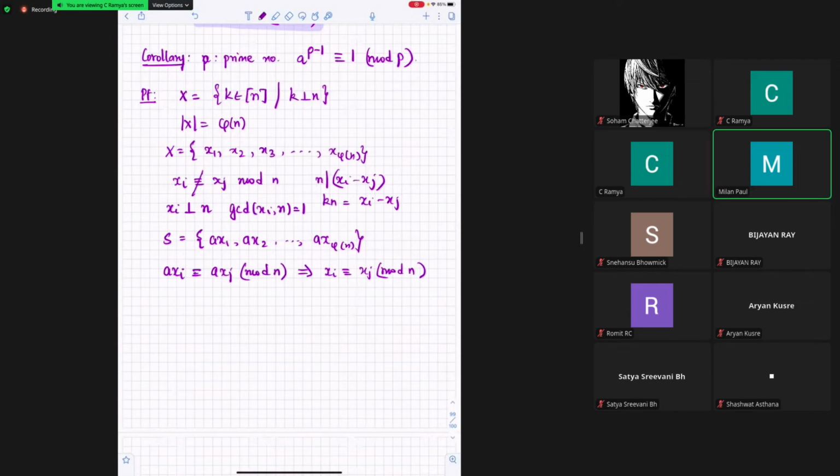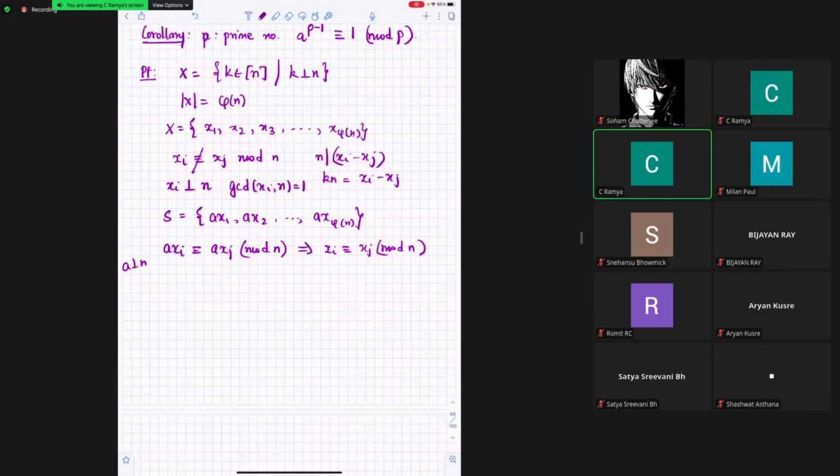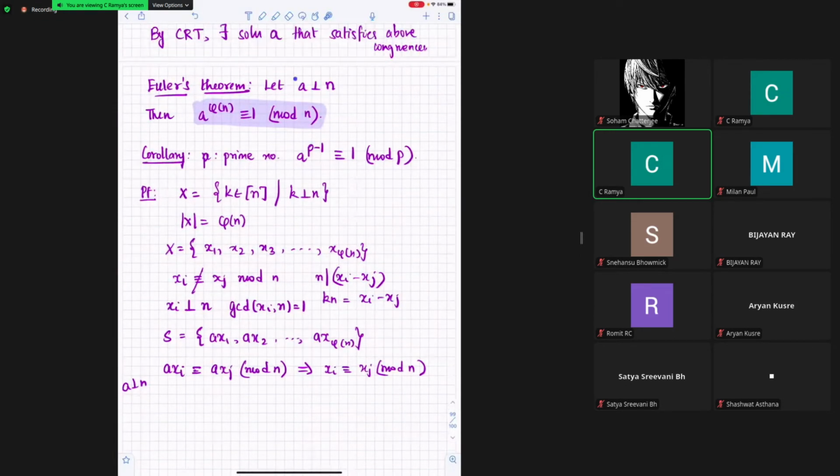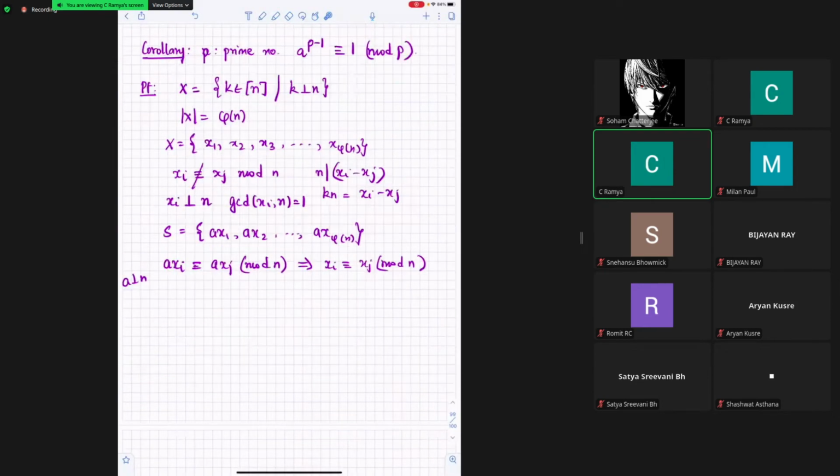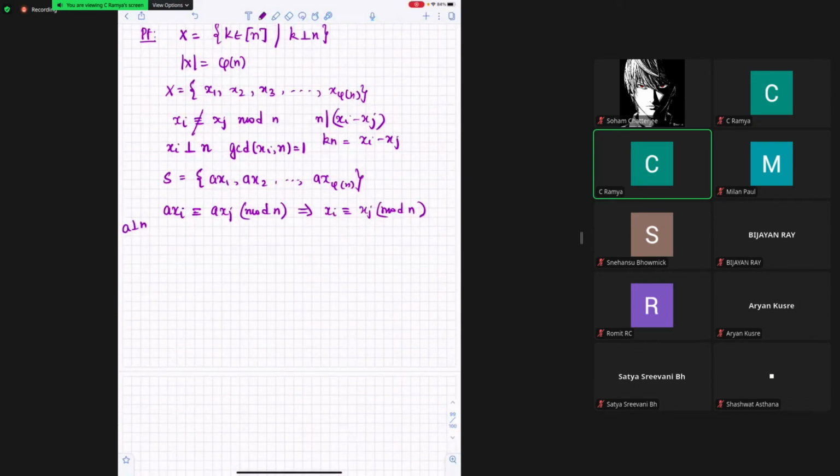The GCD of a and n should be 1. Yeah, so for all a's that are co-prime to n, I can do this. So a here is co-prime to n. The a is given to us and it is co-prime to n, so this condition is true. So what I'm trying to say is, let's look at this set by going modulo n. So you look at ax1 mod n, ax2 mod n, up to ax phi of n mod n.